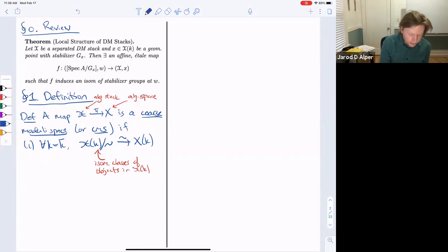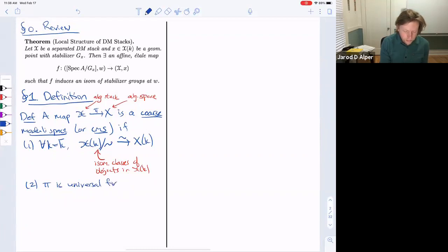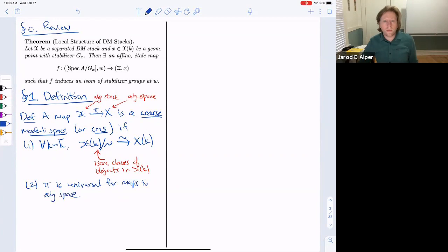And the second property, which ensures uniqueness, is that this map π is universal for maps to algebraic spaces. Maybe let me just spell out exactly what that means.